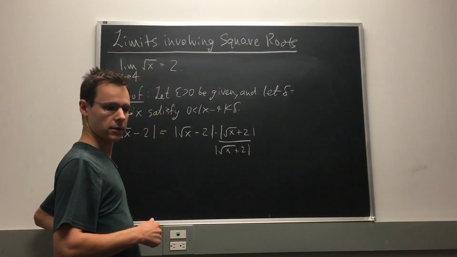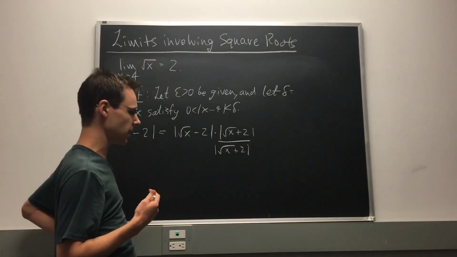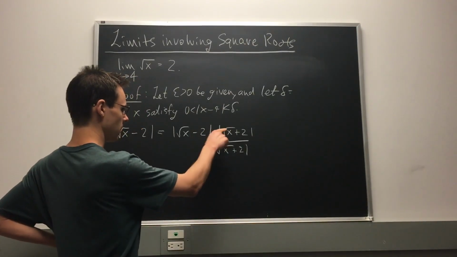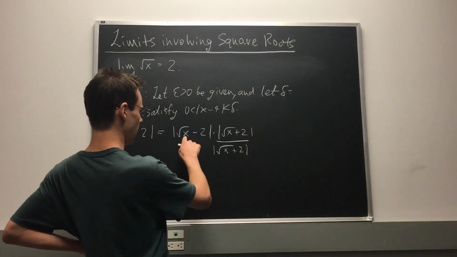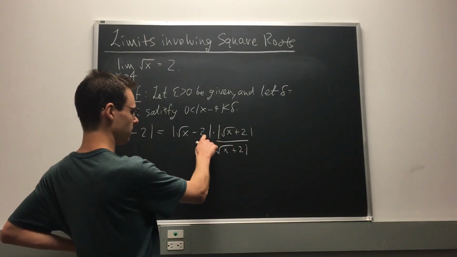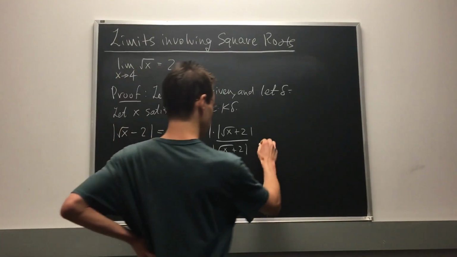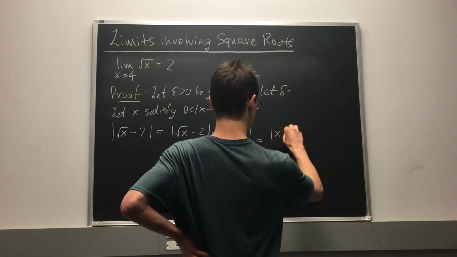Okay? So we're multiplying the top and the bottom by the same thing. We're not changing anything. And the top now will become (√x)² - 2², which is |x - 4|. Okay?